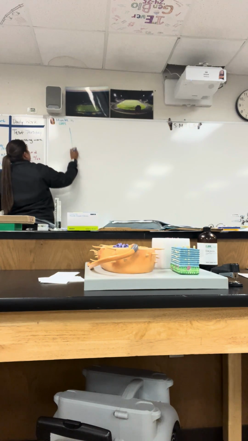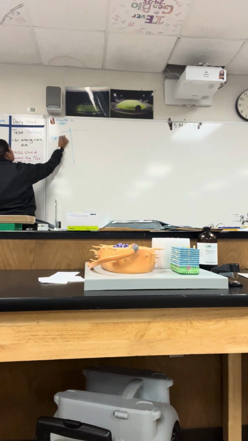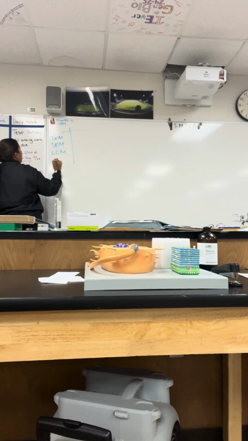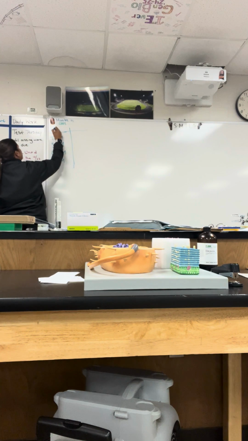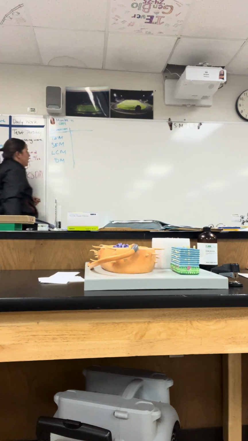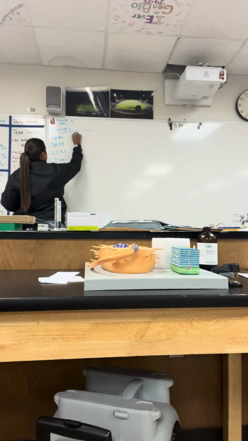So if we are looking at the microscope, we have the transmission electron microscope, the scanning electron microscope, the light compound microscope, and then we have the dissecting microscope. If we are talking about the transmission electron microscope, we have to recognize this microscope is the best of them all.